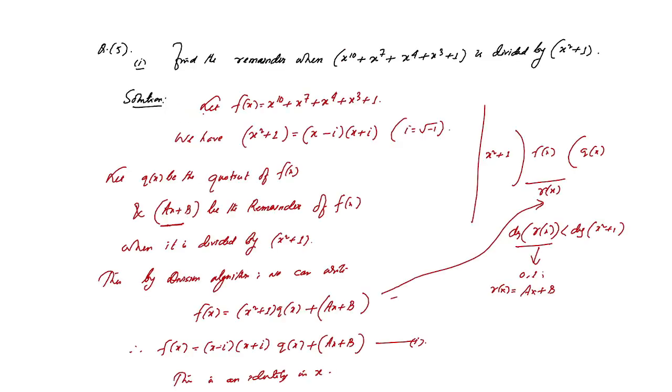What we will get? We will get f(i) equals, that term is 0 if we put i here, ai plus b, and f(minus i) will be a(minus i) plus b.